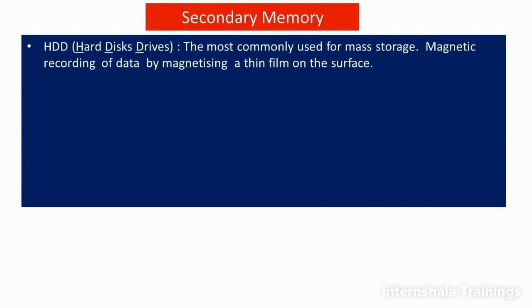Hard disk drives are the most commonly used media for mass storage. In this, magnetic recording of data takes place by magnetizing a thin film on the surface.